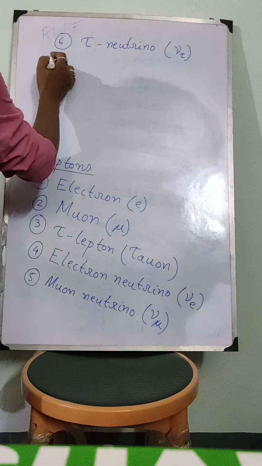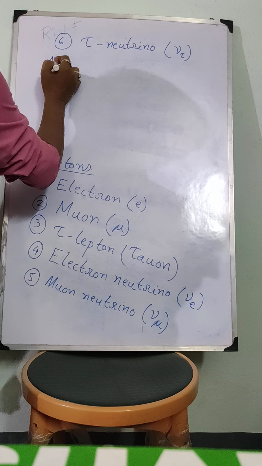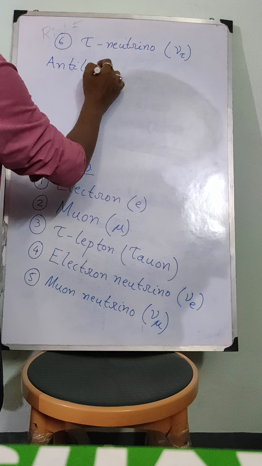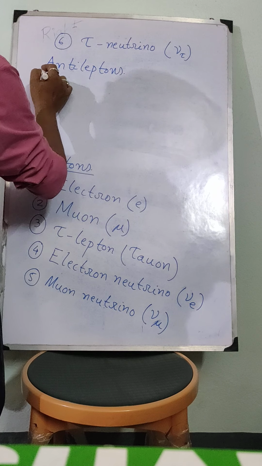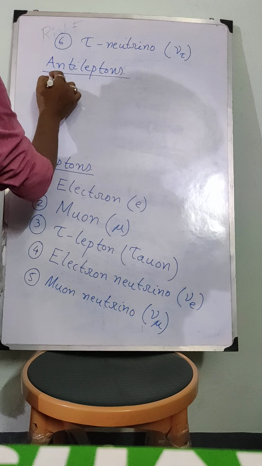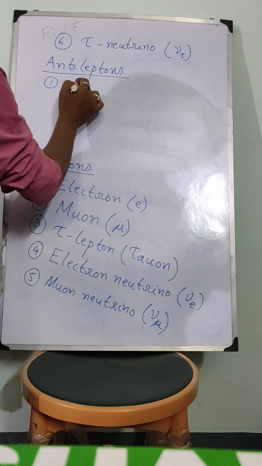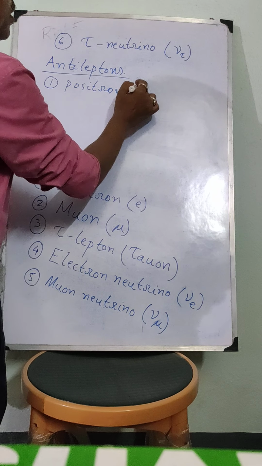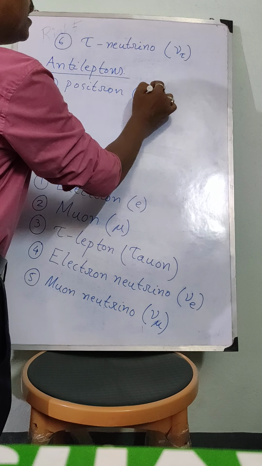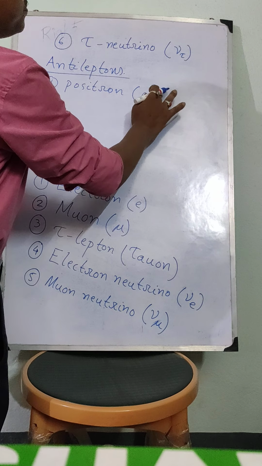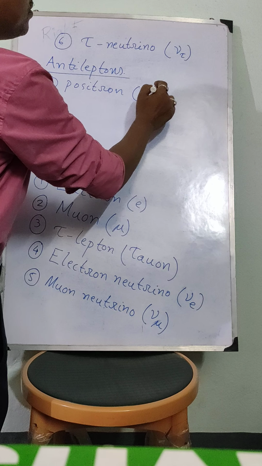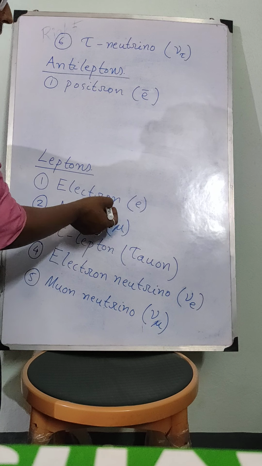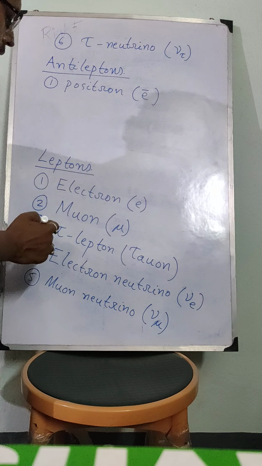So among antileptons, first comes the positron, denoted by e bar, that is the antiparticle of electron.